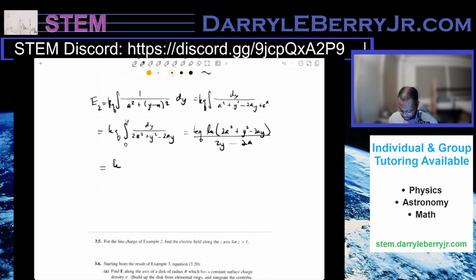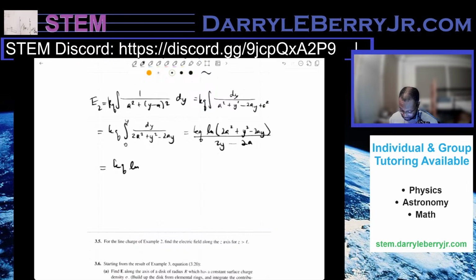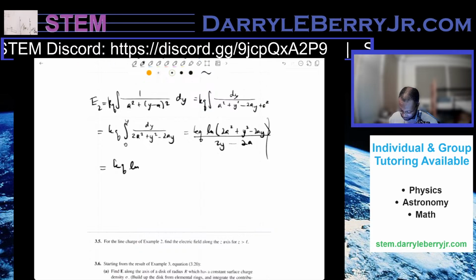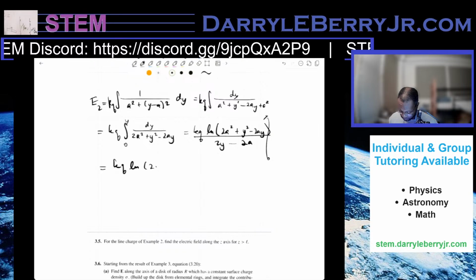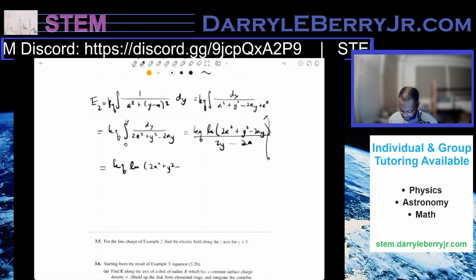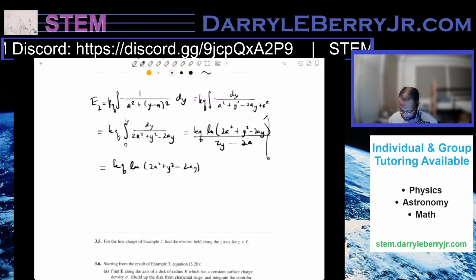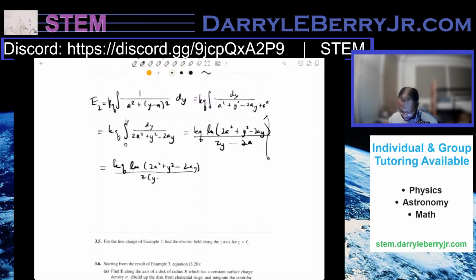So that equals kq ln 2a squared plus y squared minus 2ay divided by 2y minus 2a.